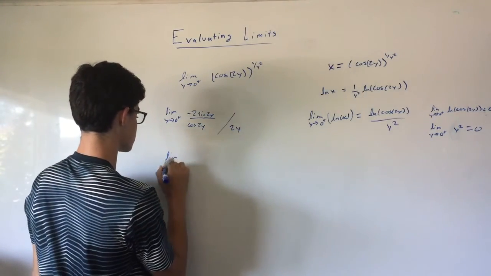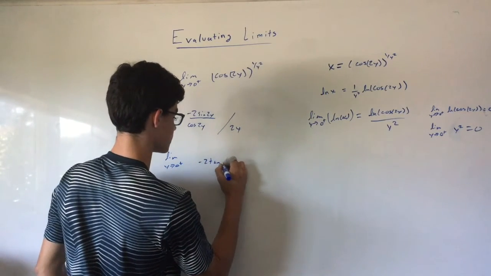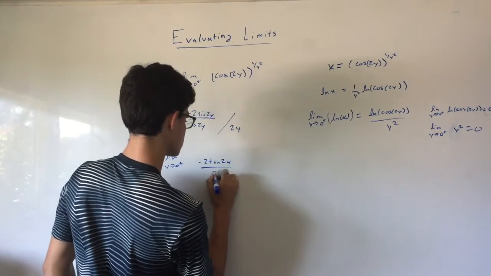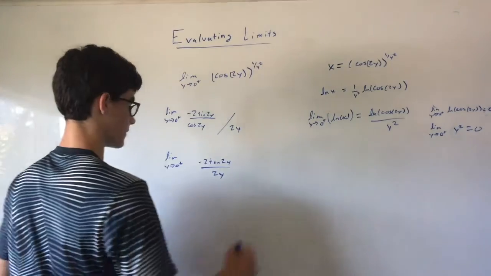So as we cleaned it up, y approaches 0 of negative 2 tangent 2y over 2y. But we run into the same problem yet again.